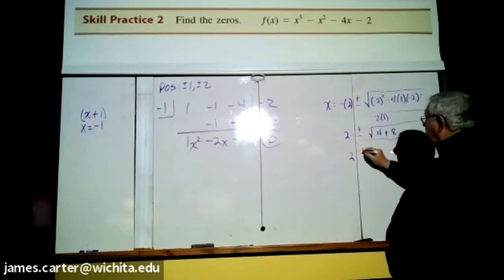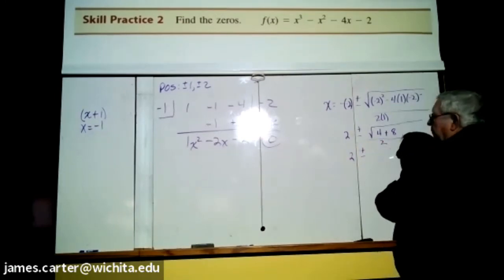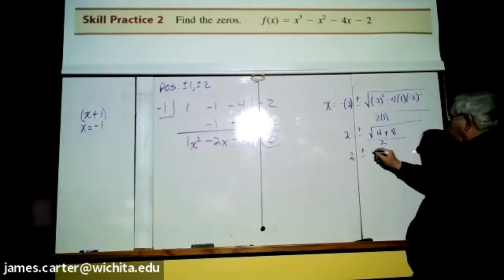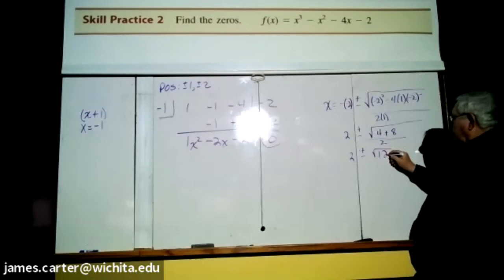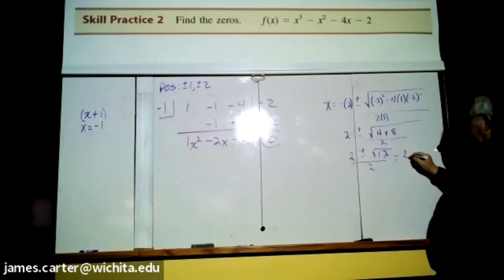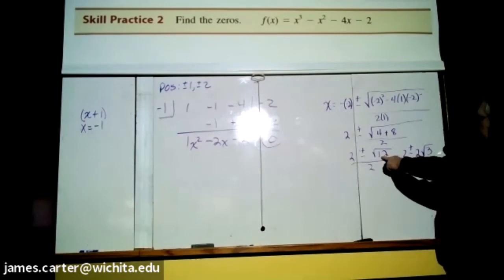So we get 2 plus or minus square root of 12 all over 2, which is 2 plus or minus 2 times square root of 3 all over 2. How did I get this? Because this is 4 times 3.